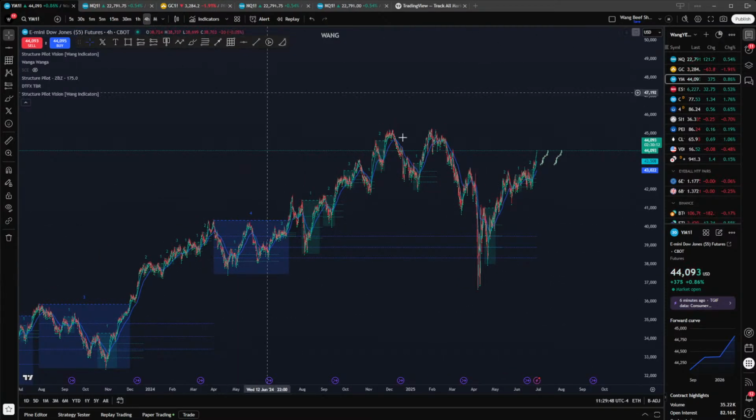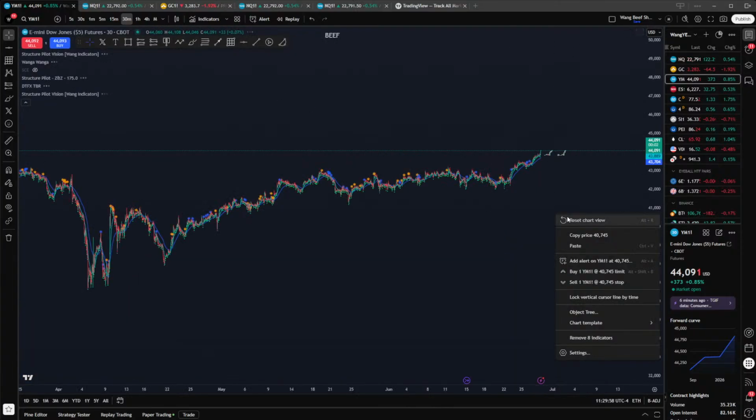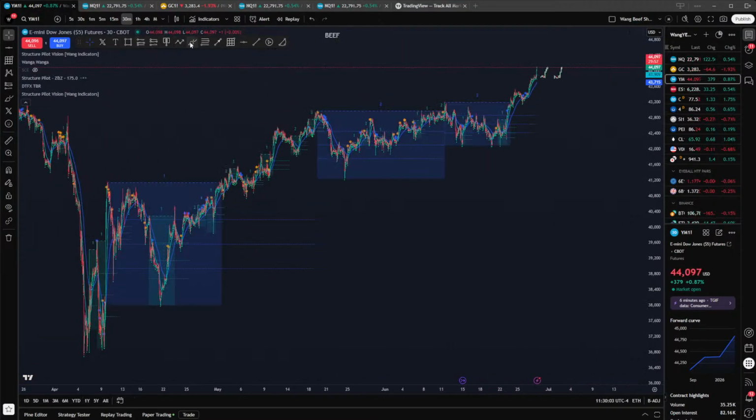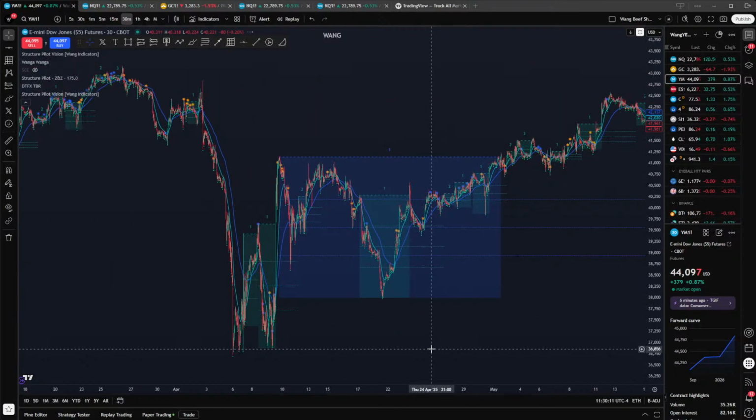Okay. Structured move all the way. Let's see where we are. So we have one swing there, second one there. Let's see, third one here. Is this one too?